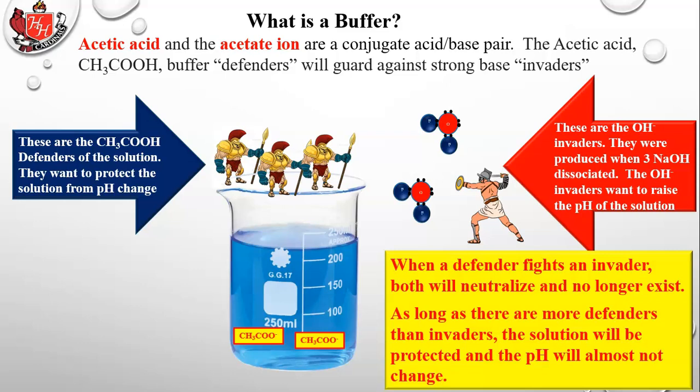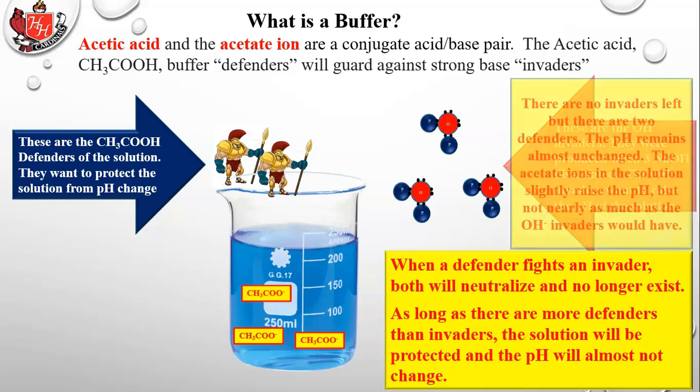Now there's one more invader. Cannonball gets fired at that invader, becomes a water molecule, and another acetate ion goes into the solution. So there are no invaders left, but there are two defenders. The pH remains almost unchanged. The acetate ions in solution slightly raise the pH, but not nearly as much as the hydroxide invaders would have.